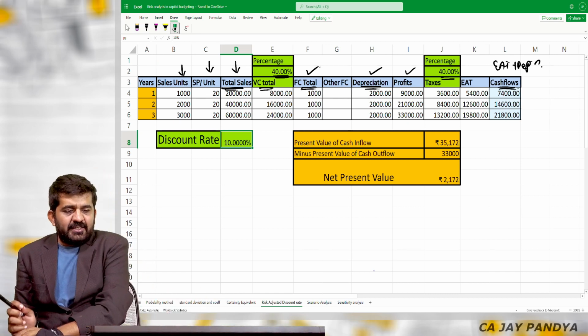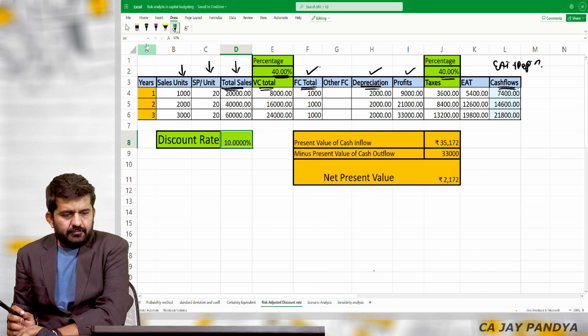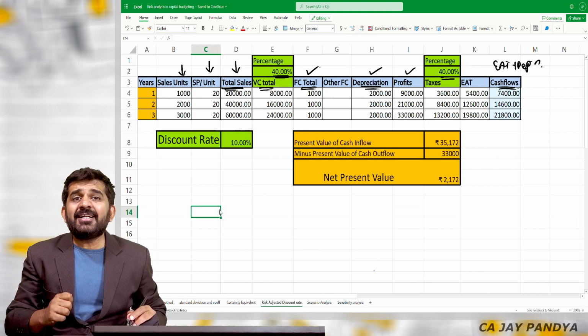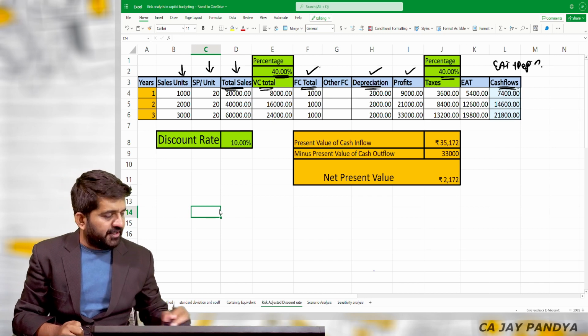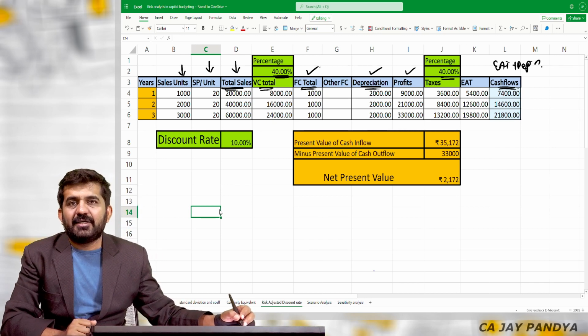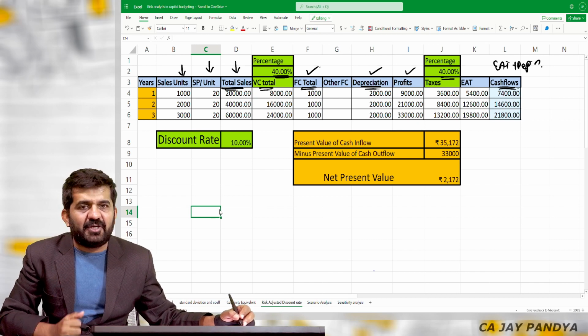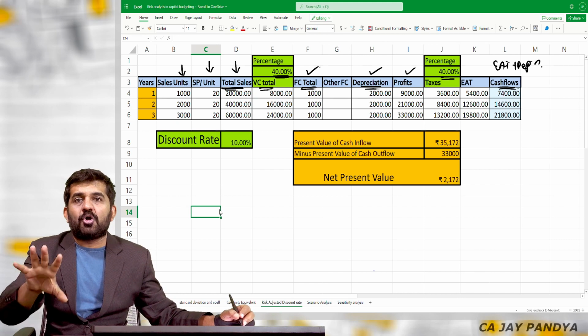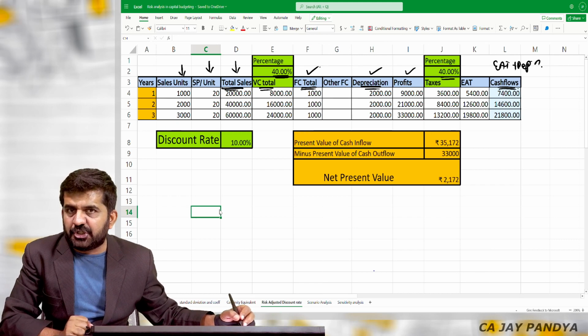The point is, at 10% required rate of return, my NPV is coming to 172. But if I just find out NPV, I will not be getting risk incorporated in my capital budgeting decisions.